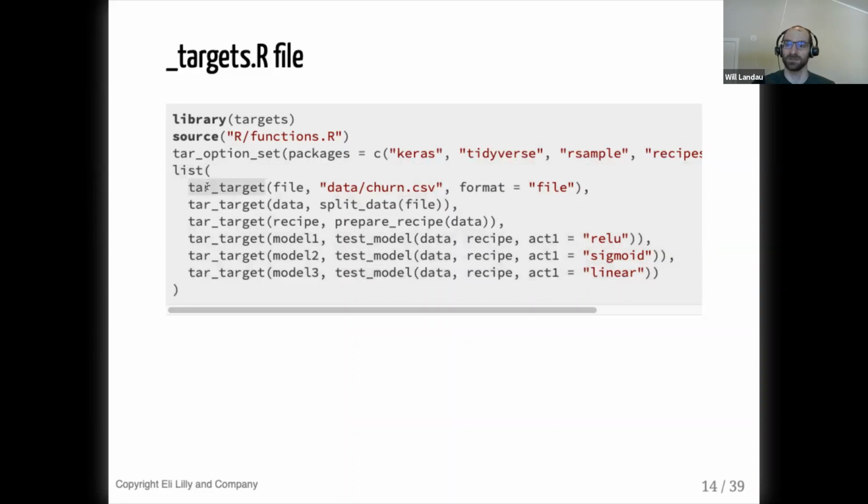So each call to the tar target function is what's called a target. It's a skippable step in the computation. Each target has a name, for example, data or recipe or model one. It has an R command. So just a little bit of R code that uses our custom functions and global objects and upstream targets to compute something.